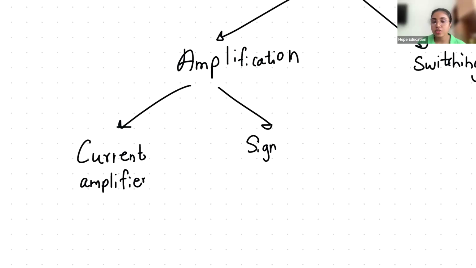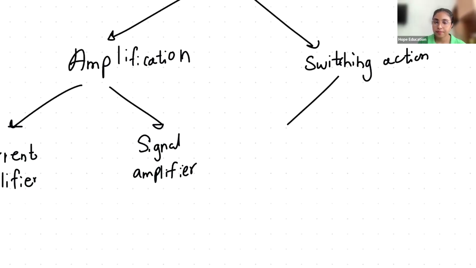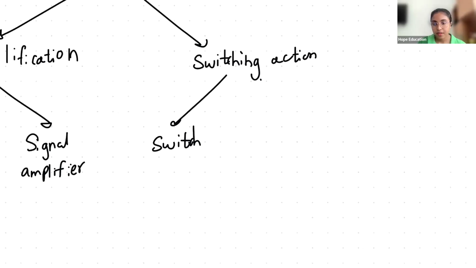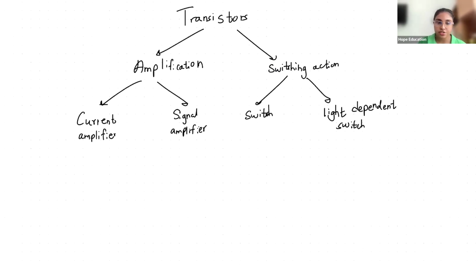A signal amplifier means if you give a small signal, it is produced as a large signal. Then in switching action, we can use a transistor as a switch. We can use it as a normal switch, and we can also use it as a light dependent switch. That means a switch that changes automatically with light. Light dependent switch.